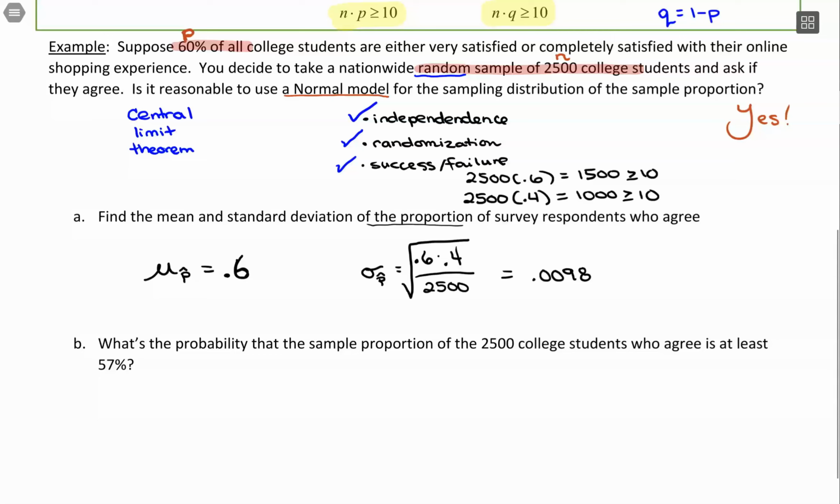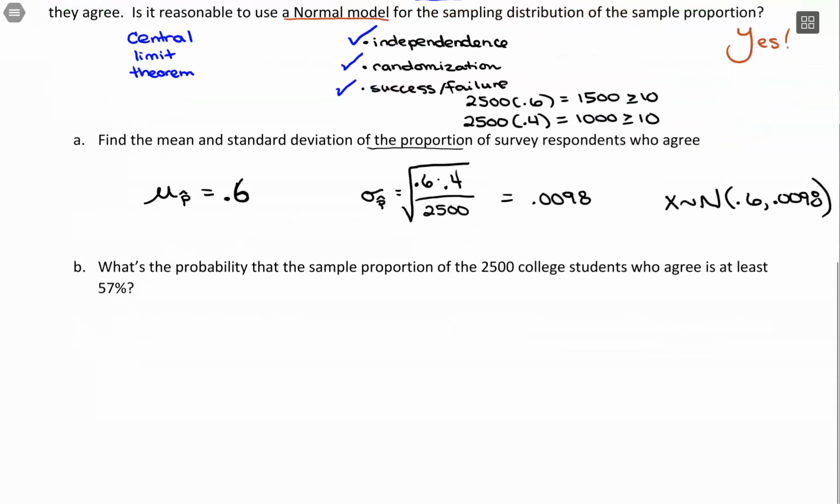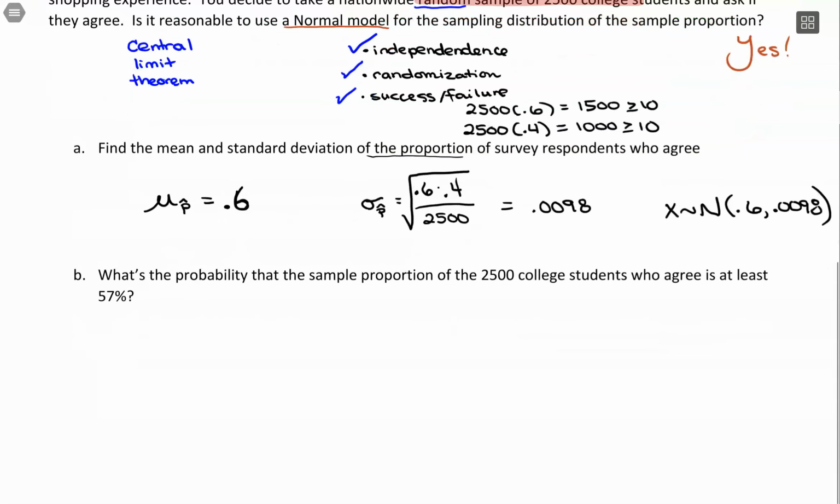So now with these pieces, we pass the central limit theorem. We know the mean, we know the standard deviation. We can start to think about our normal distribution. So we know it's normal from that first part there, and then now we know numbers to plug in because of the mean and standard deviation. So then we can start answering questions involving probability. So, what's the probability that the sample proportion of the 2,500 college students who agree is at least 57%?